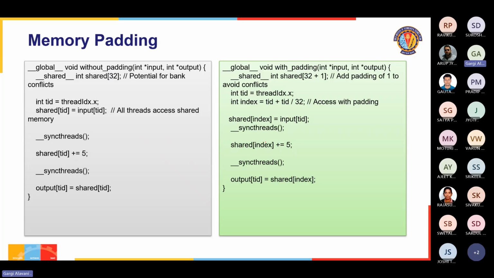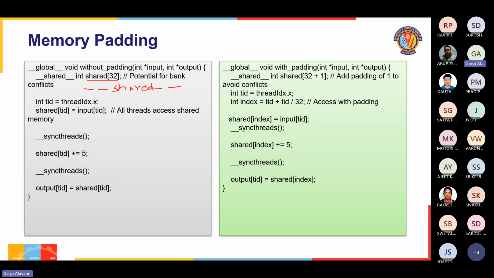So this is how the code looks. When you use a shared memory array, you declare it using __shared__, and then declare the array with size 32. This is important: you must declare your array as shared, so the compiler knows you are using shared memory.